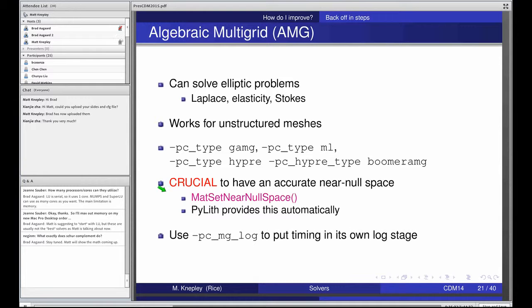If I move a charge somewhere, it affects all the other charges in the problem. If I press on an elastic body, it affects the whole body. In a hyperbolic problem, if I cause a disturbance somewhere, it takes a finite amount of time to propagate to the rest of the thing. So that's a different kind of equation. Here on these elliptic equations, the entire problem is coupled together.